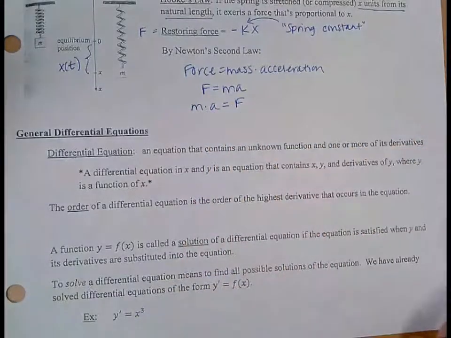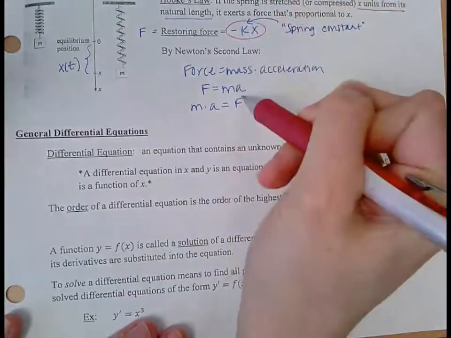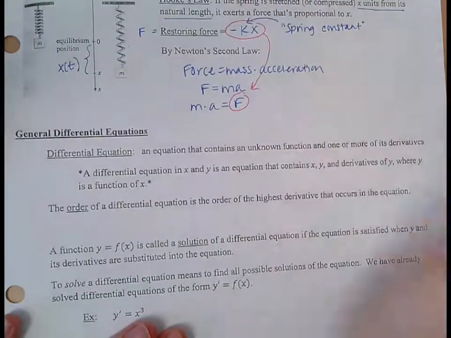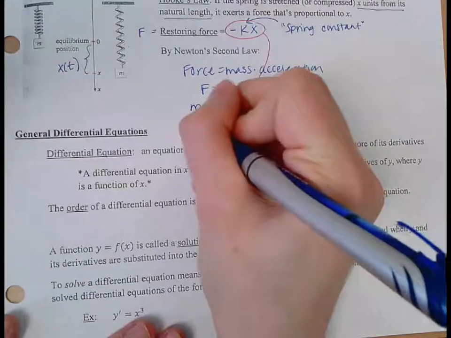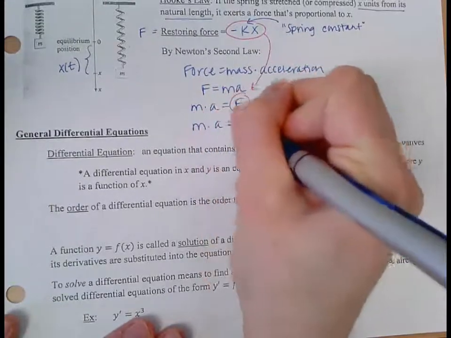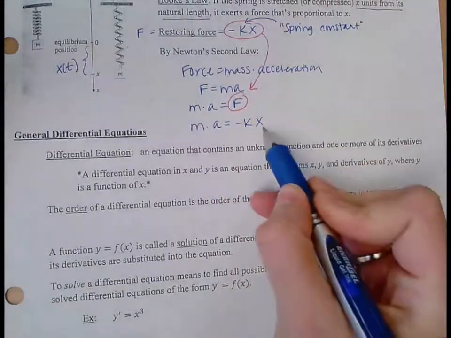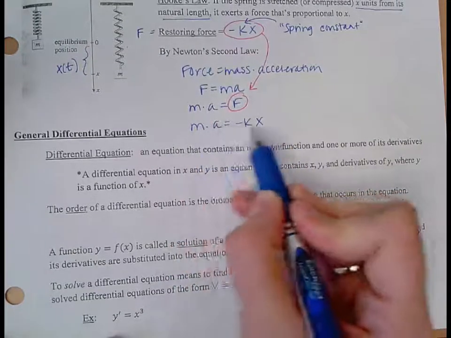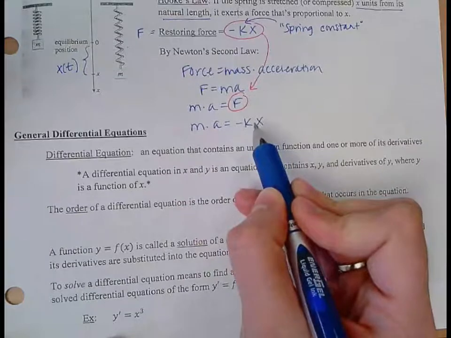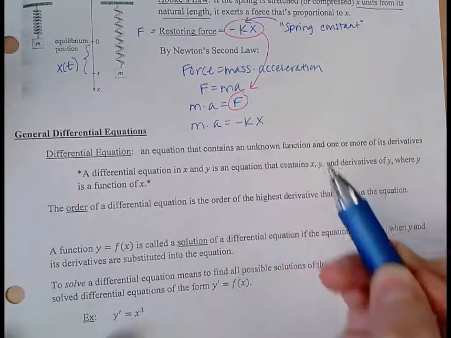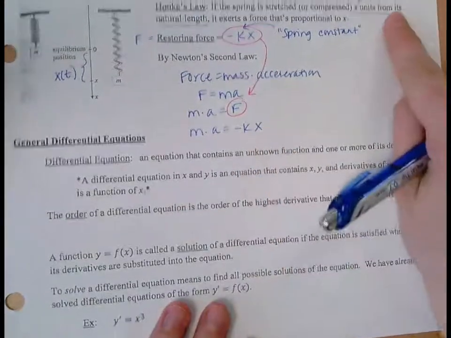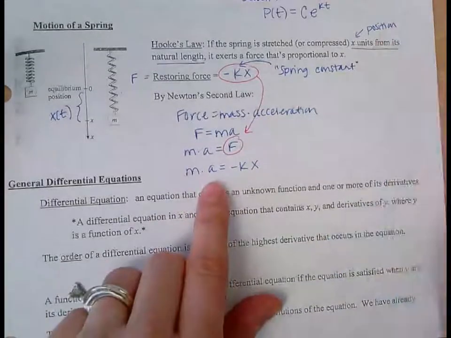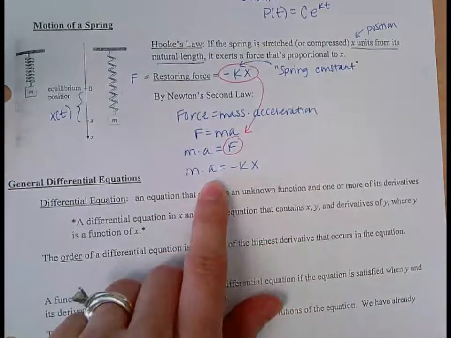And then what I can do here is substitute in F is equal to that negative k times x. And remember, x is your function. X is a function of time. As this is written right now, it doesn't look like a differential equation. There's no derivatives in it. However, if x is representing position, what is acceleration compared to position? The second derivative.